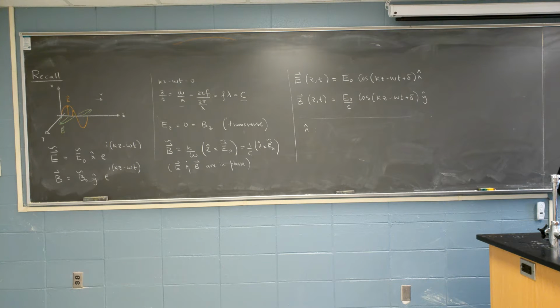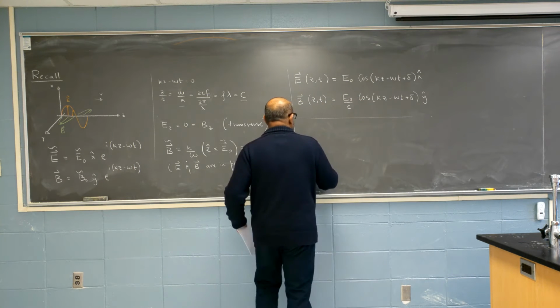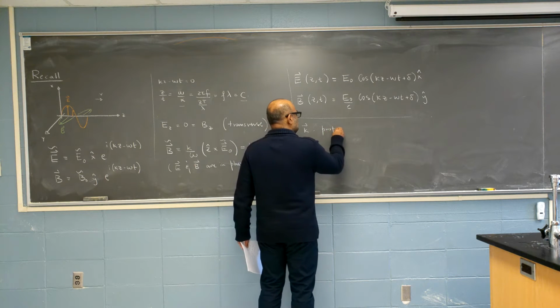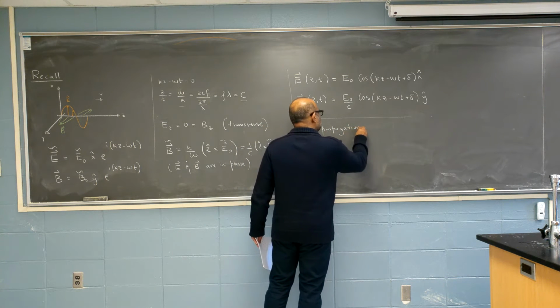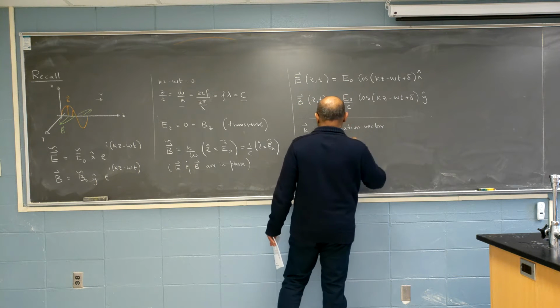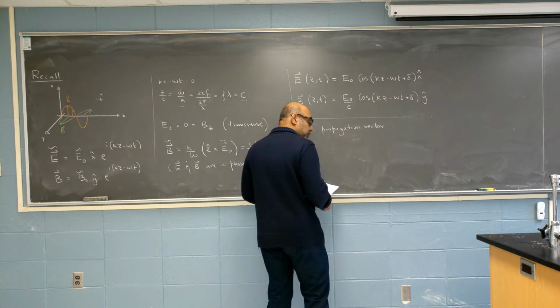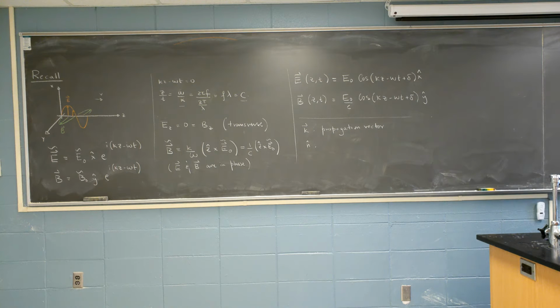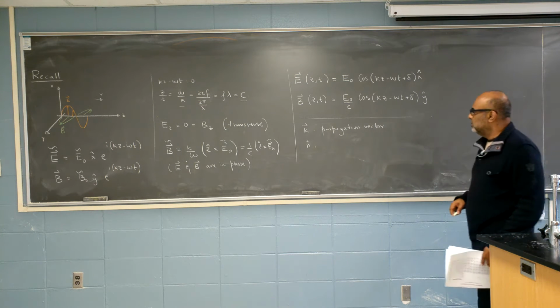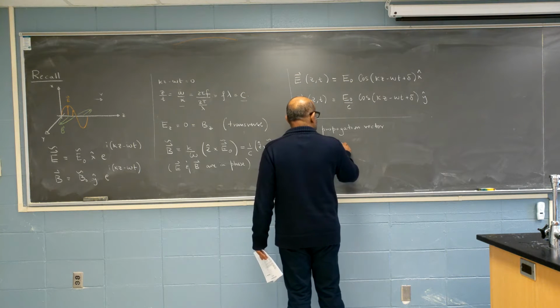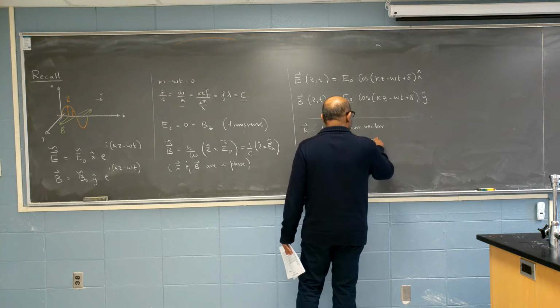So the propagation vector is k. So I'm going to define, and n is perhaps the polarization direction. Direction of E. Let me put it this way.